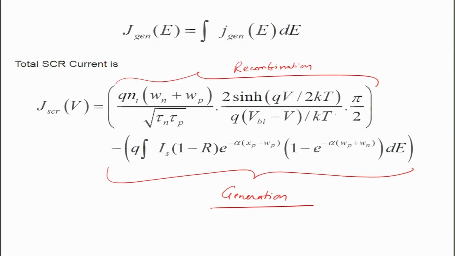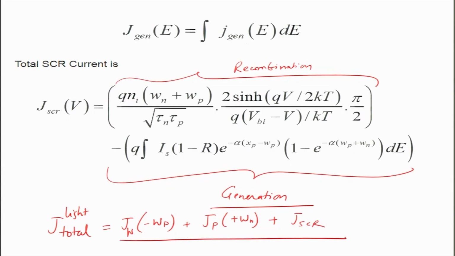You have a term which is bias dependent and a term which is illumination dependent, but these are finite terms, they are not zero, unlike in the dark. So the J total of a p-n junction device in light that we have calculated is minus Jn at minus Wp plus Jp at plus Wn plus J_SCR. This is the total current that you will get out of a solar cell p-n junction device under light conditions.